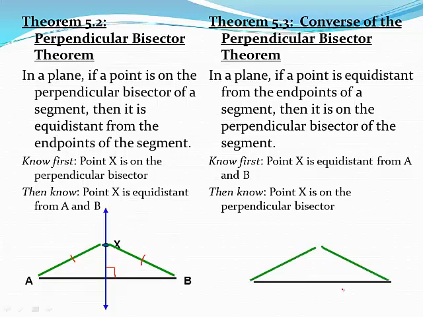For example, if we know that these two distances here are the same, we can conclude that point X lies on the perpendicular bisector. Since these are perpendicular bisectors, we can say that these two segments here are congruent, and that goes for the regular theorem and the converse.